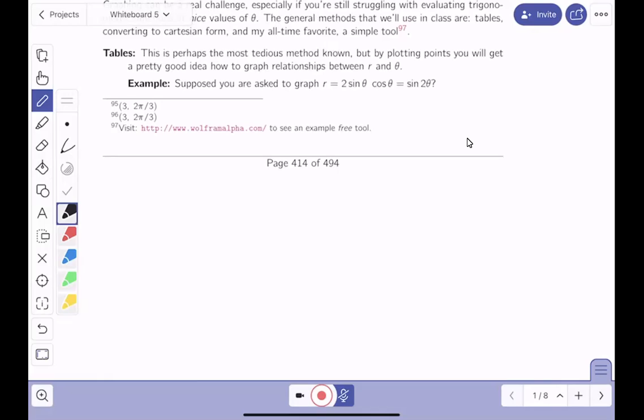It wants me to graph r equals 2 sine theta times cosine theta. Now I recognize that as being sine of 2 theta. So I want to go through the techniques that you were taught in Math 120 to do this. All right, let's go to the next page.